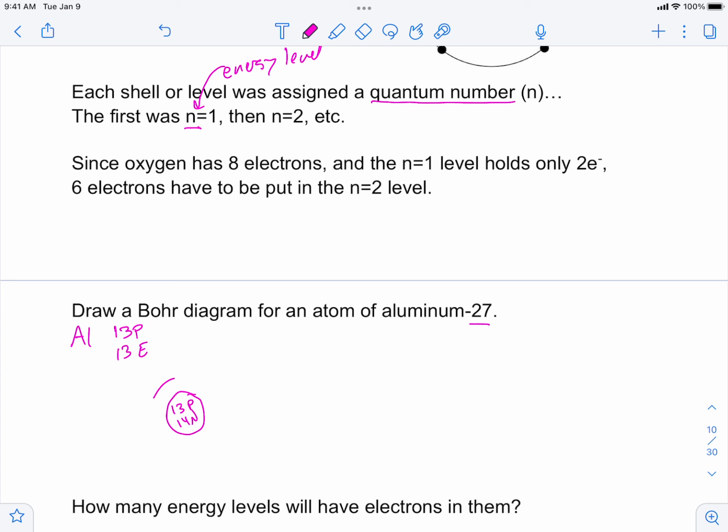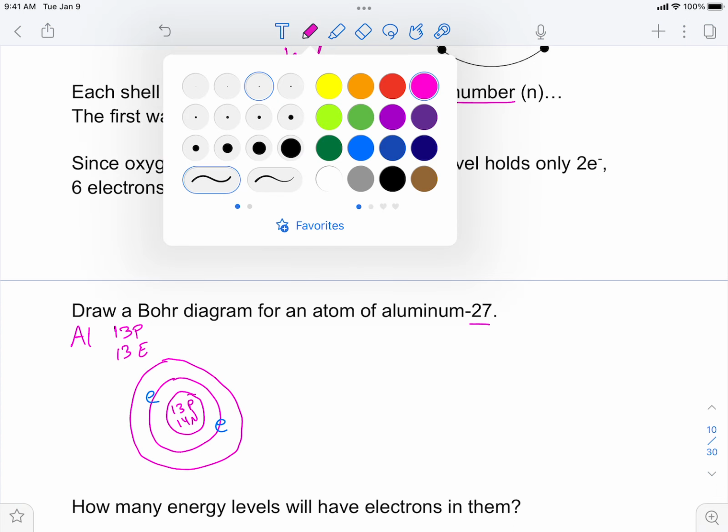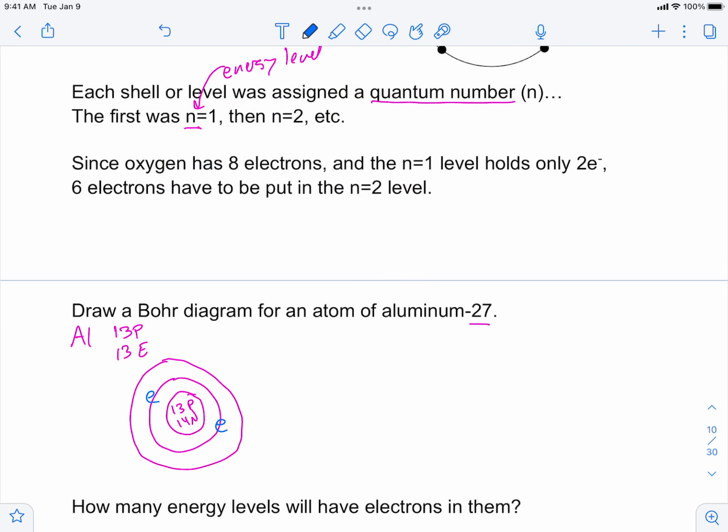Okay, so energy level 1, we expect 2 electrons. Energy level 2, we're going to see 8 electrons in energy level 2. Okay, so we have to account for all of the electrons, and right now I've only shown 10.